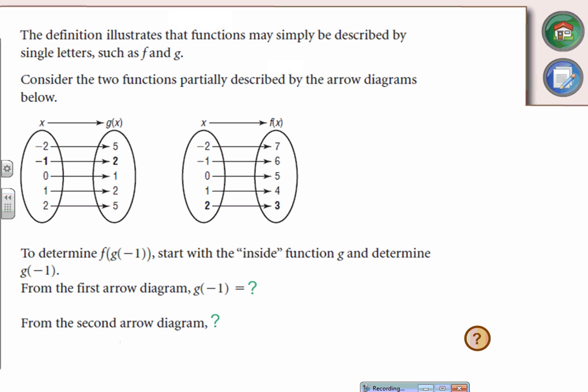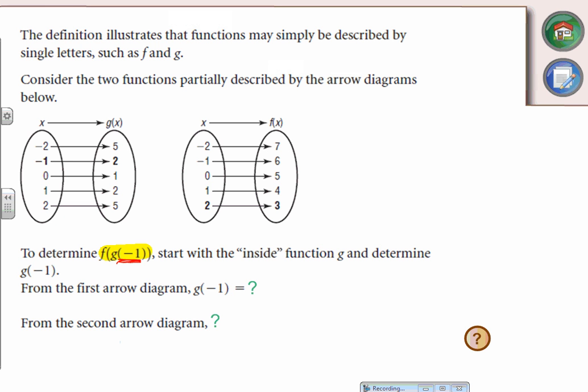We can also get the answers from an arrow diagram. If we're looking for f of g at negative 1, start with the inside first. We always start inside and work outward.